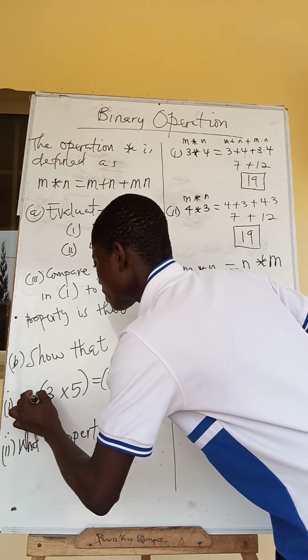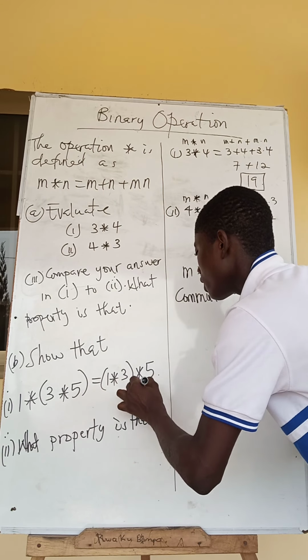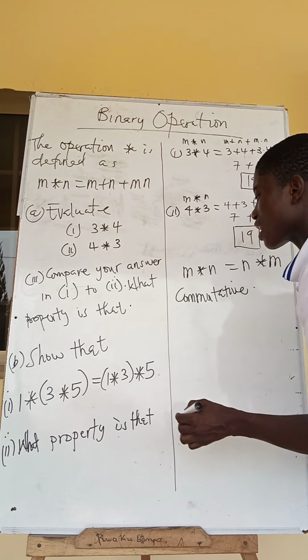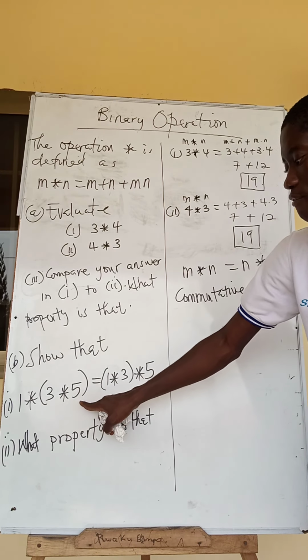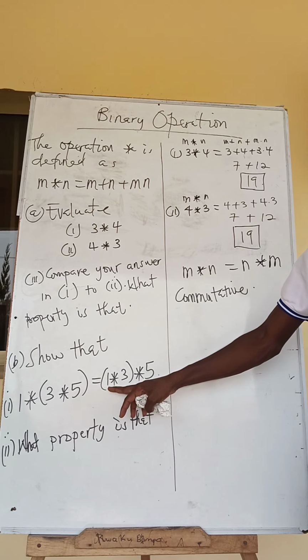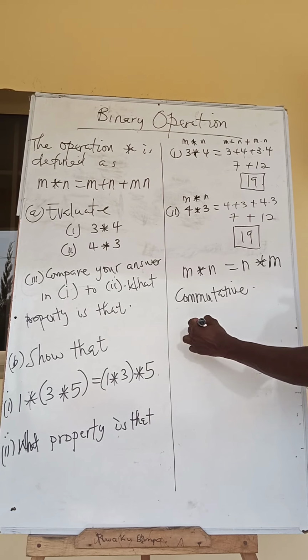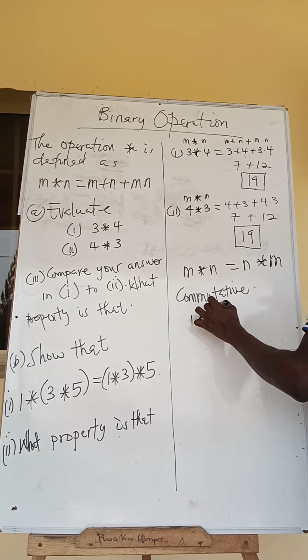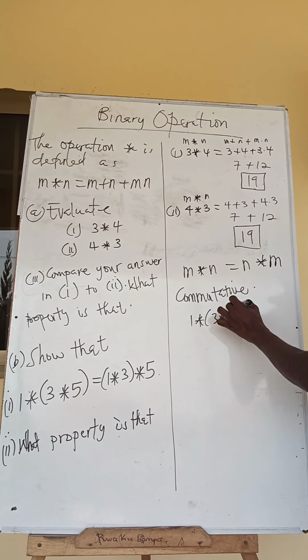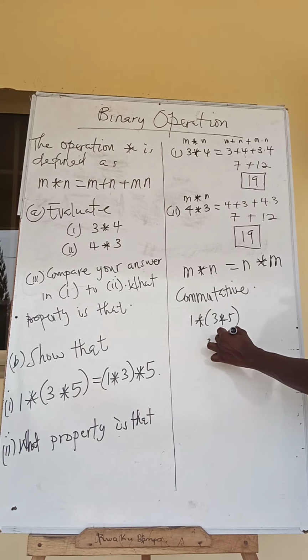So it is not a normal multiplication, as you know, it's a star. So 1 star into bracket 3 star 5 equals 1 star 3 star 5. So let's try. The first one, let's try the left hand side. 1 star into bracket 3 star 5.